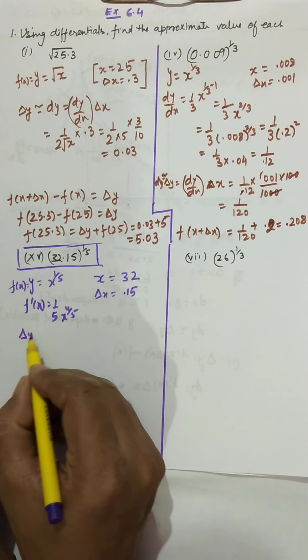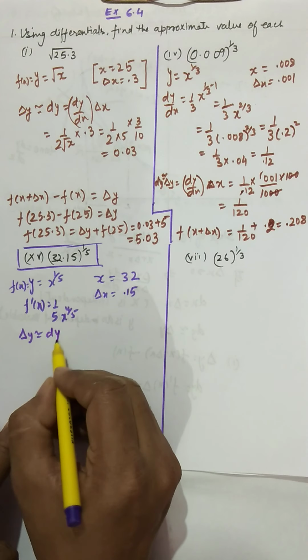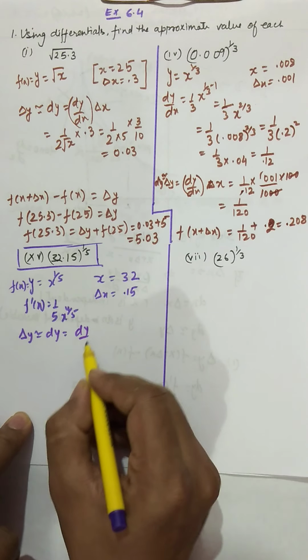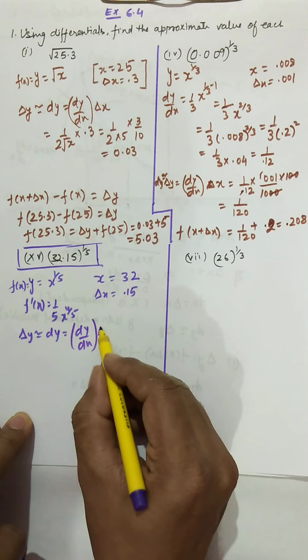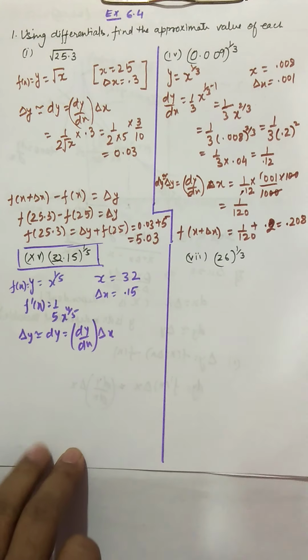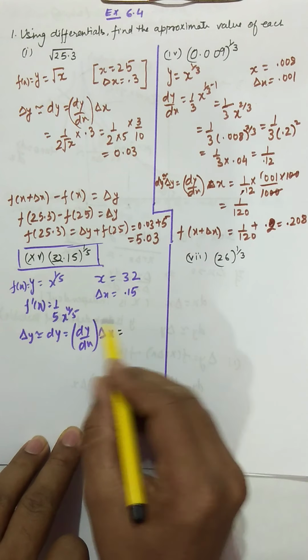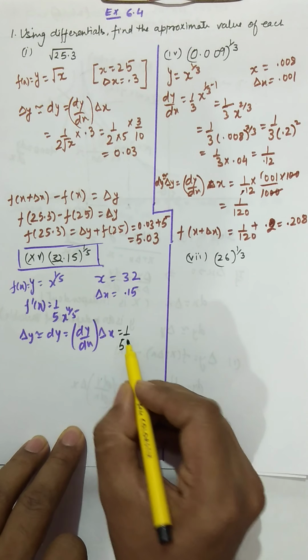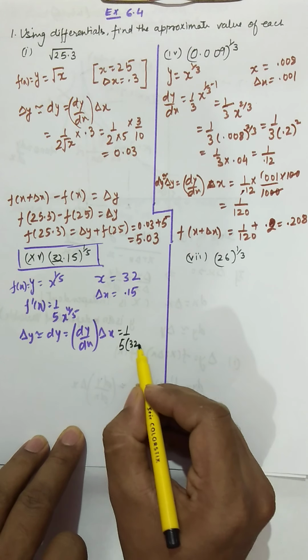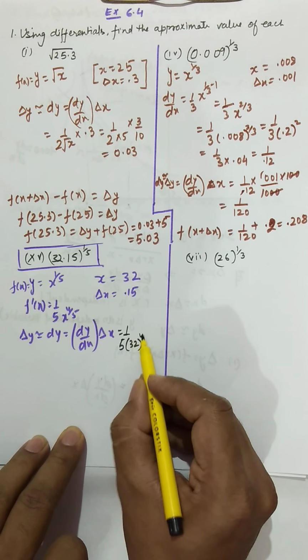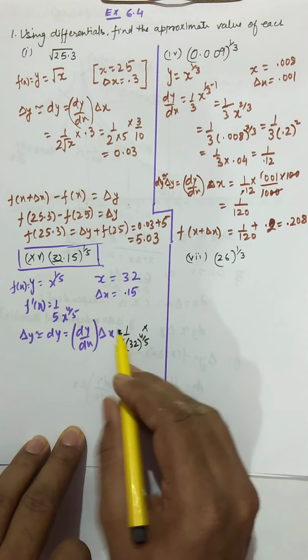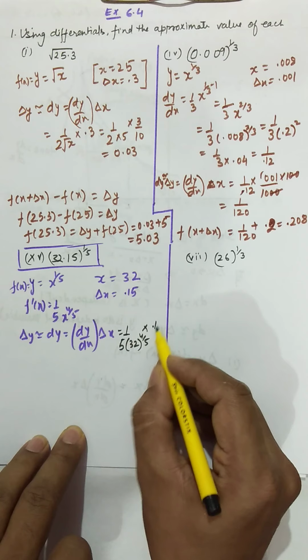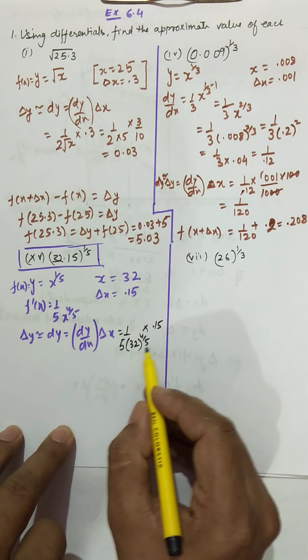Now your delta y is approximately equal to dy, and this is dy by dx into delta x. So we'll put the value, dy by dx is 1 upon 5, and x you can put 32, and this is 4 by 5, and delta x is your 0.15. So we can simplify this.